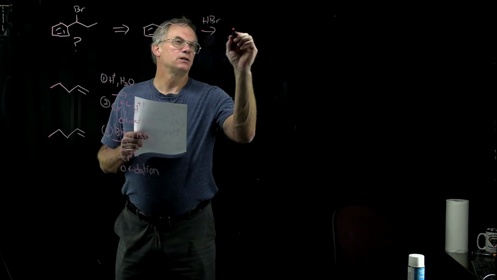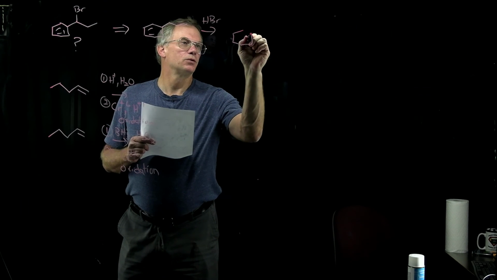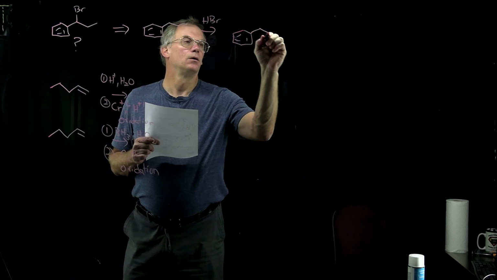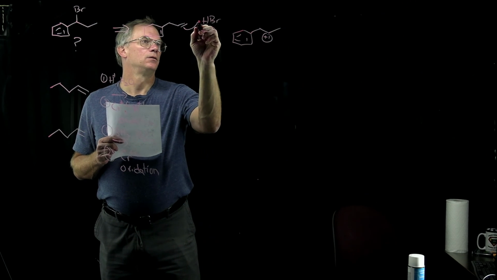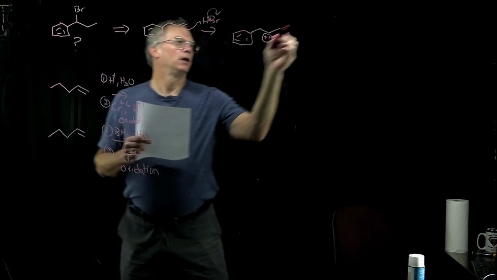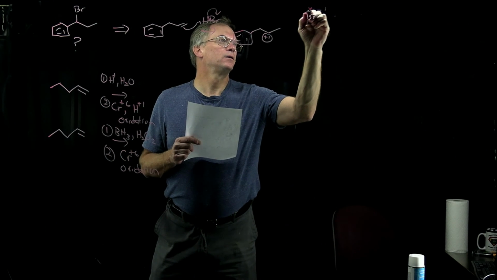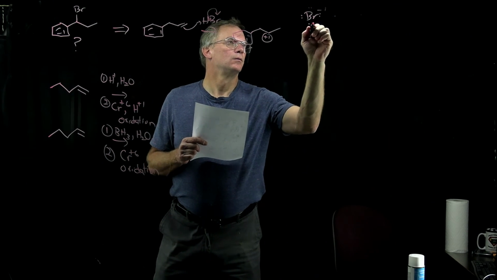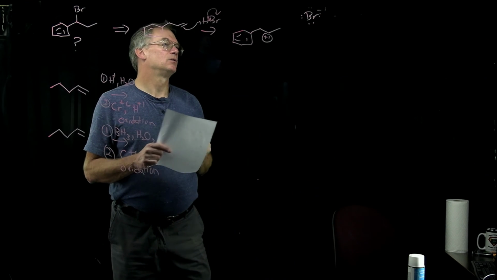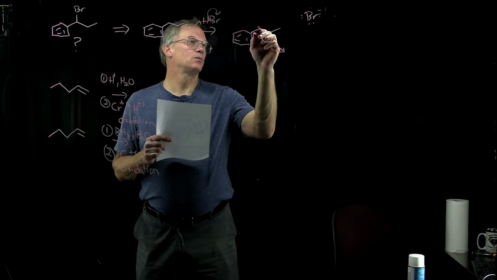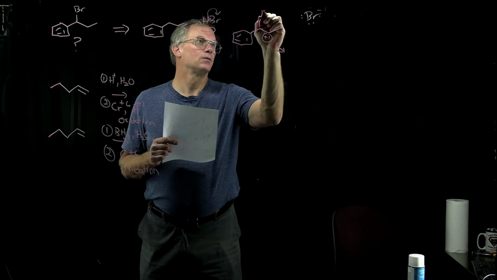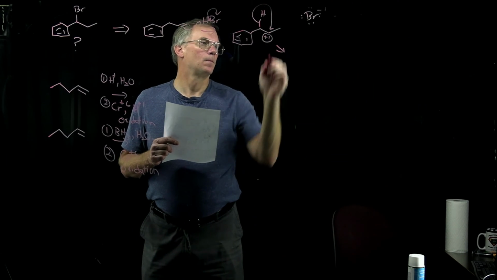We previously saw that the mechanism would proceed to give that initial carbocation and a bromide ion, and carbocations are known to rearrange, in this case with a hydride shift.